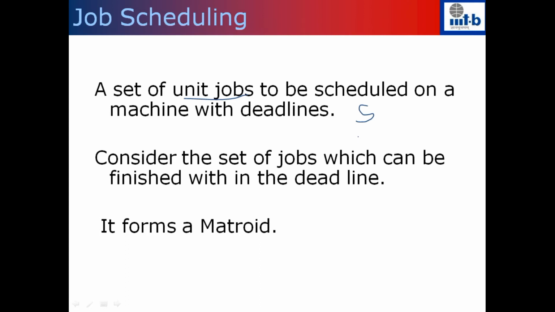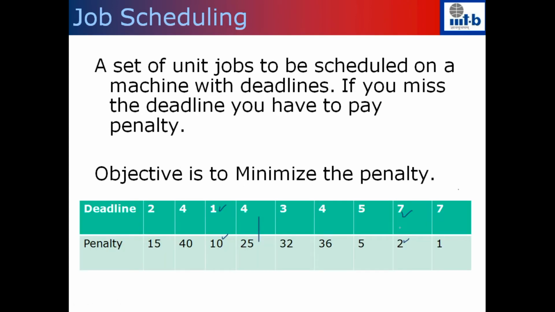I repeat, S is the set of jobs that are given to us. A subset of jobs is said to be independent if all the jobs in the independent set can be scheduled meeting all the deadlines, right? So for example, if I take the entire set S here, you cannot schedule all the 9 jobs because the maximum deadline is 7.